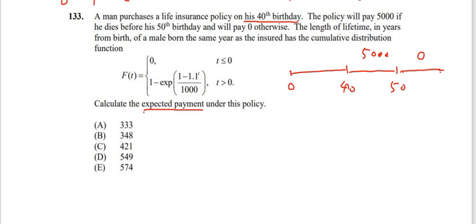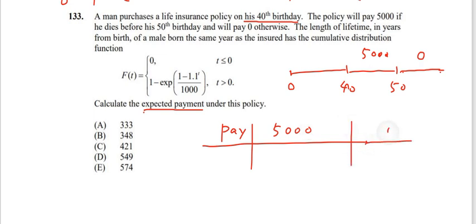So we want to find the expected payment. The expected payment equals this payment, or 0, right? So we just need to find the probability for this to happen.